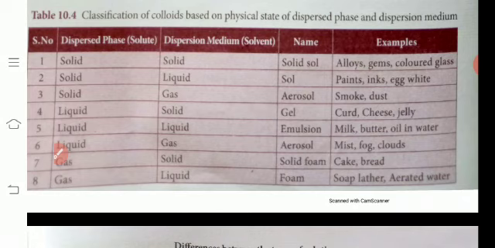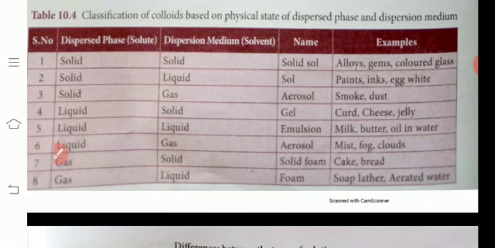Listen, here solute is a solid. Here solvent also solid. Solute is a solid and solvent also solid. So the name is solid sol, solid solution. For example, alloys, gems, colored glass. Okay, these are solid in solid.